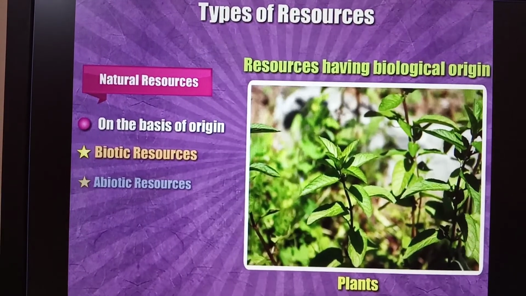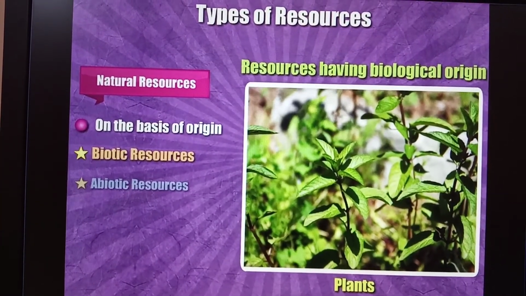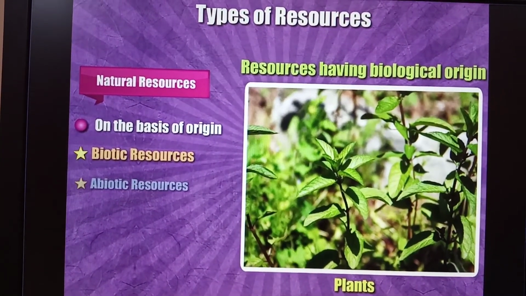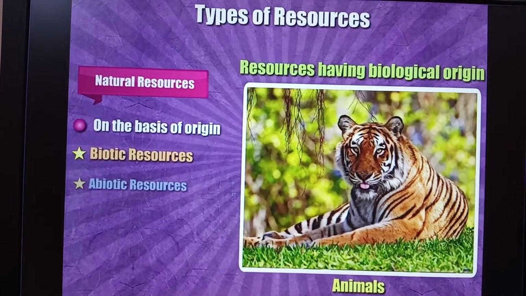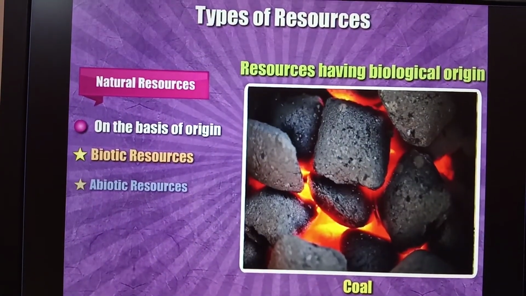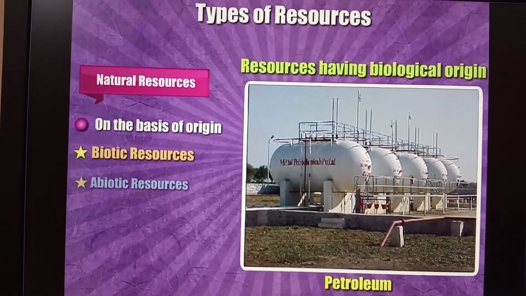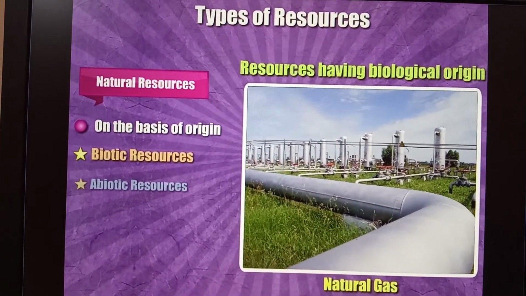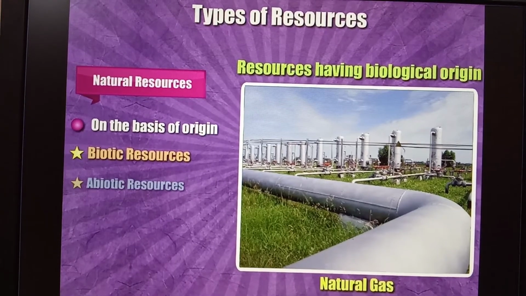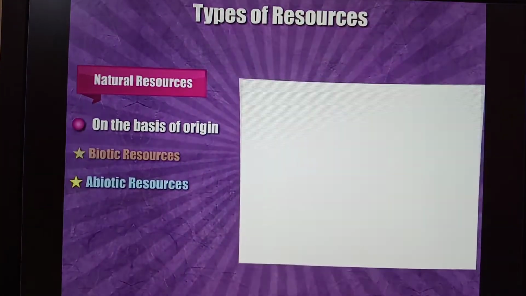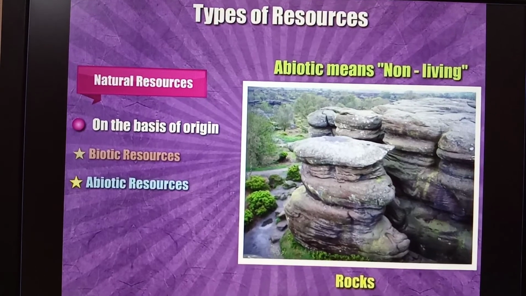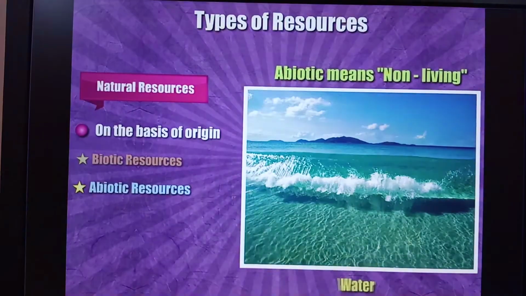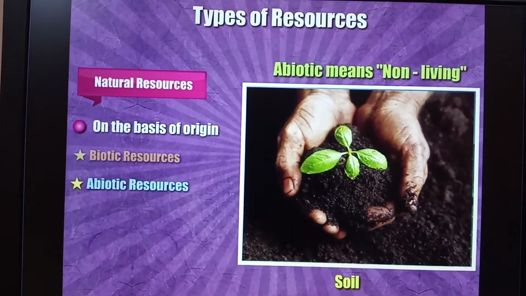Resources having biological origin are called biotic resources. Therefore, resources such as plants, animals, coal, petroleum, and natural gas are biotic resources. Abiotic resources are non-living. Therefore, resources such as rocks, metals, water, soil are abiotic.